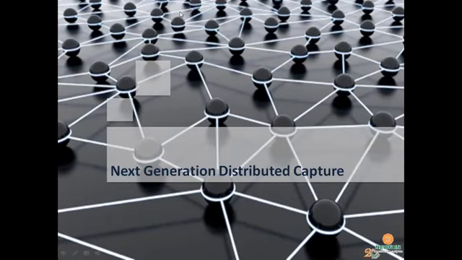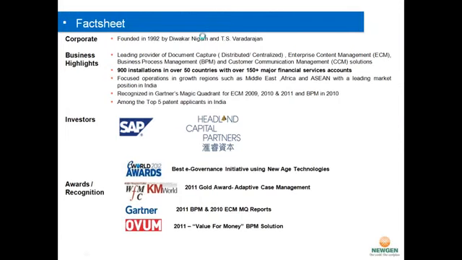Just a quick minute on some fact sheet about our company, what we do, why we are related to document capture, and what we are talking about in distributed capture. We are a leading provider of document capture, distributed as well as centralized, enterprise-wide content management, business process management, and customer communication systems.